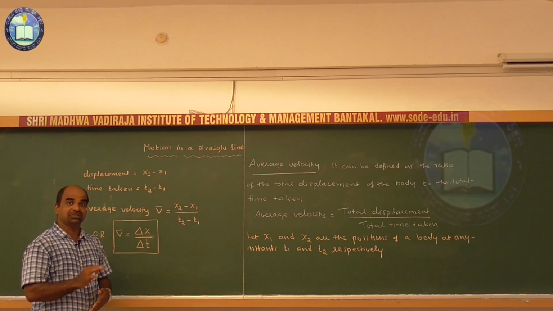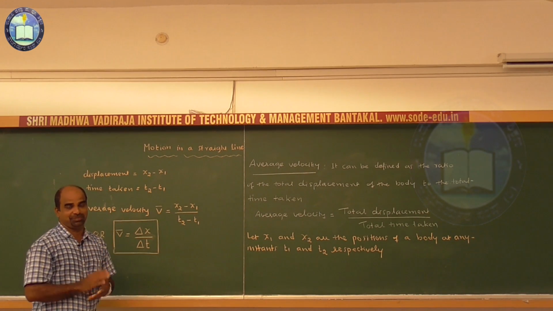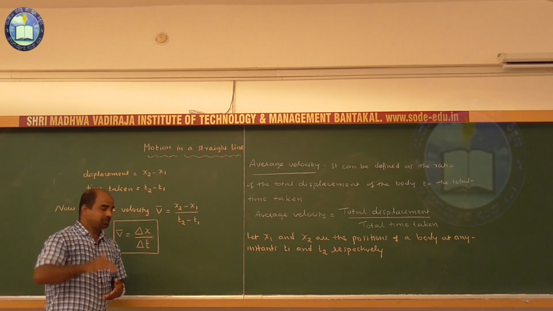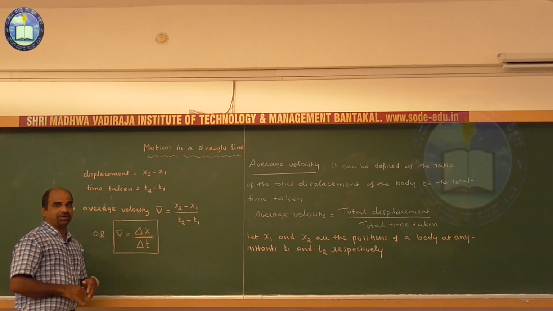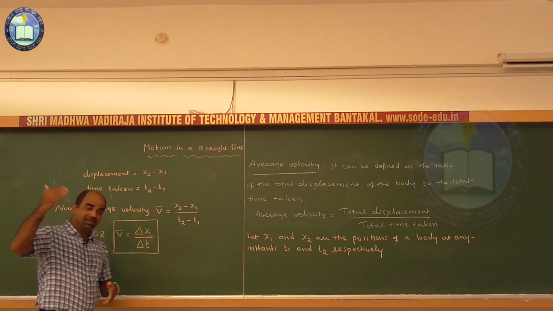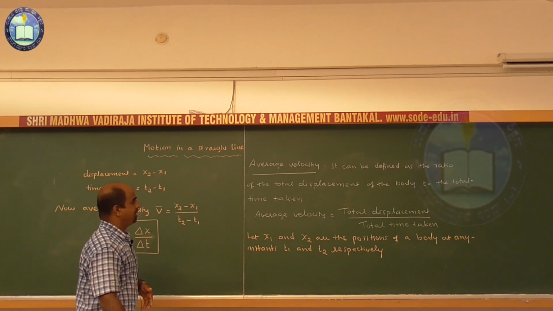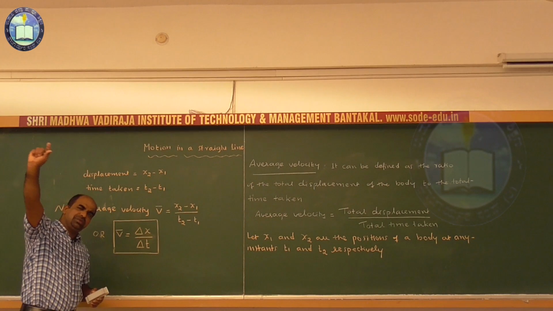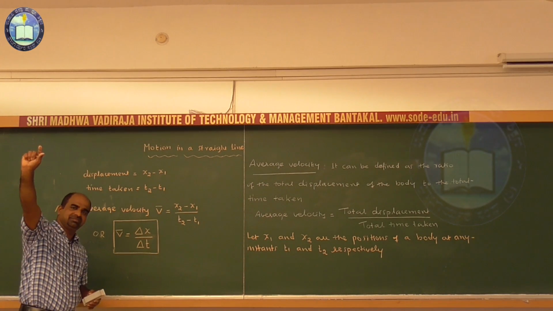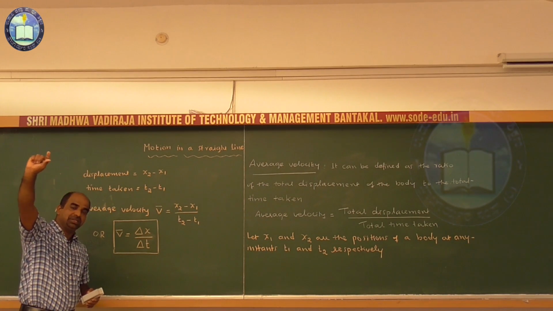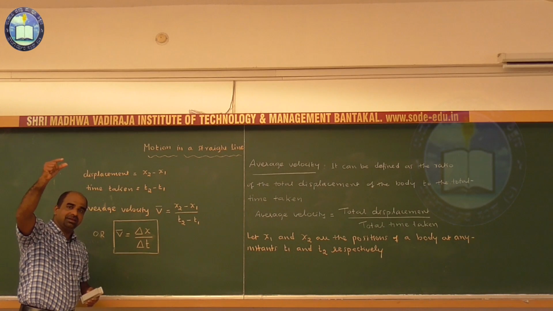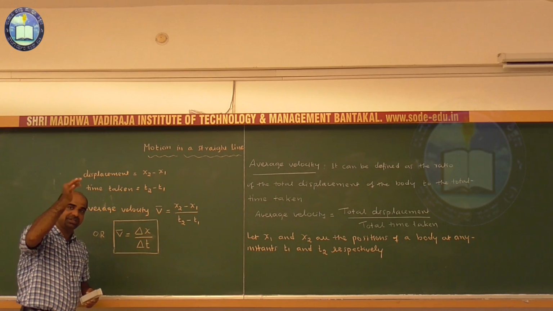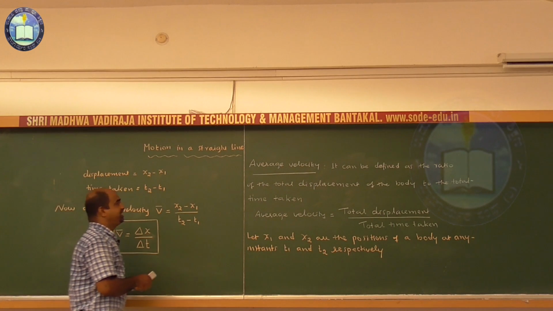Remember, average velocity is very important whenever a body is moving with variable velocity. Now if the velocity of the body continuously changes, then in order to study the motion at a particular instant, we take the instantaneous velocity.